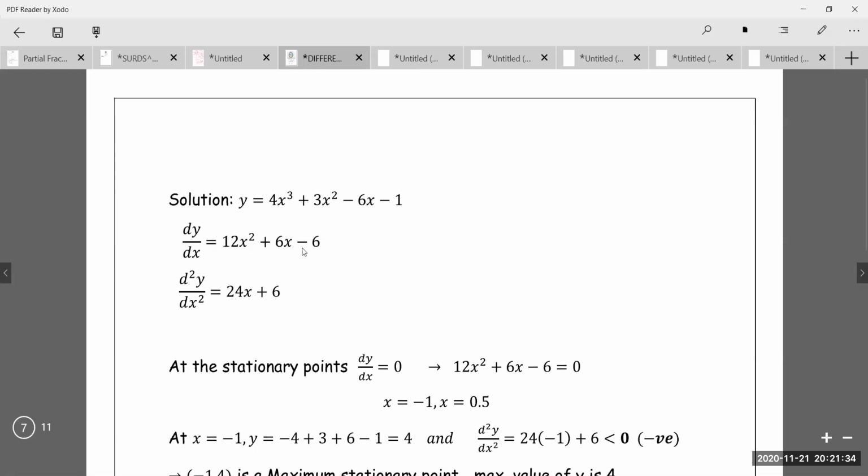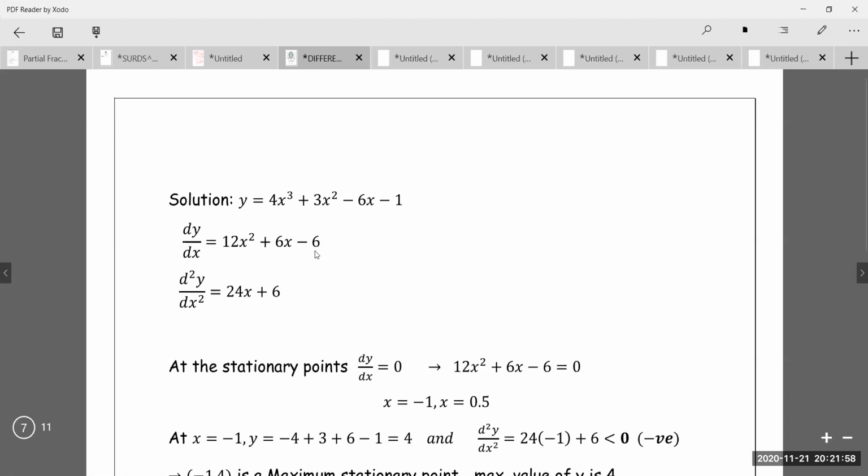You agree with that? Now differentiate again to get d2y by dx squared, which is 24x plus 6.